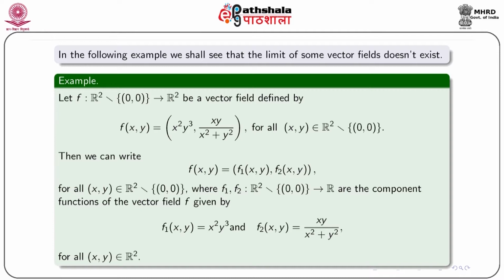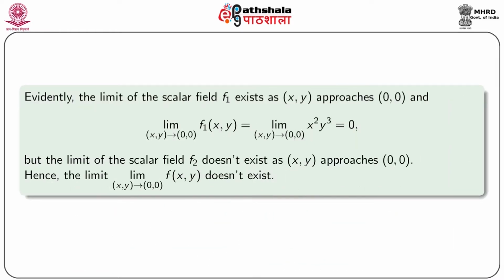Then we can write f(x, y) equals the ordered pair (f1(x, y), f2(x, y)), where f1(x, y) equals x squared y cubed and f2(x, y) equals xy by x squared plus y squared. Evidently, the limit of the scalar field f1 as (x, y) approaches (0, 0) exists, and we have limit of f1(x, y) equals 0, but the limit of the scalar field f2 does not exist as (x, y) approaches the origin. Hence, the limit of f(x, y) as (x, y) approaches the origin does not exist.